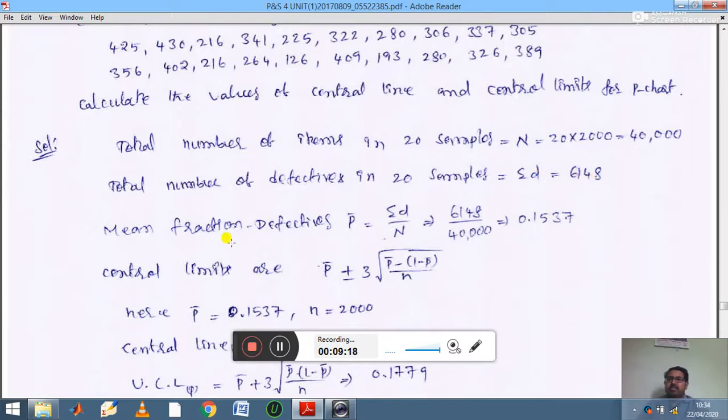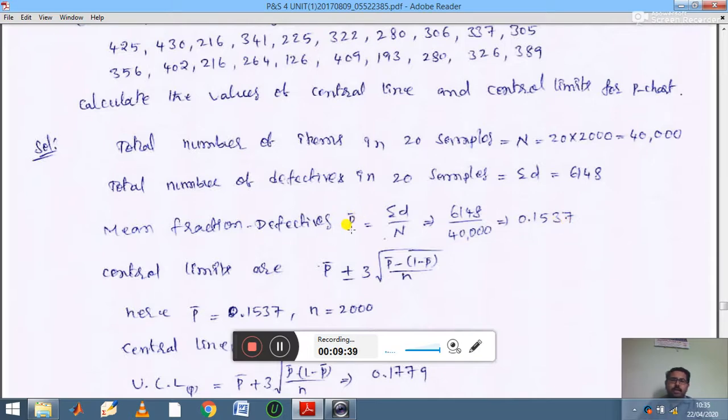therefore you are getting 6148. Then mean fraction defective, P bar is calculated by summation D by capital N. Summation D value is known, 6148, divided by total number of items, which is 40,000. Then here you are getting 0.1537. So 0.1537 is your P bar value.